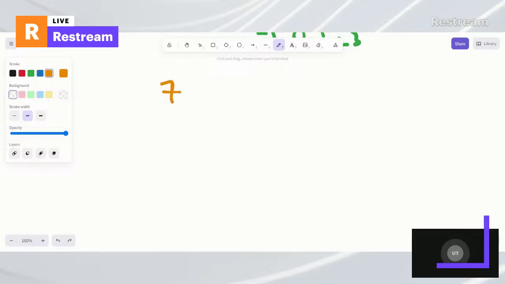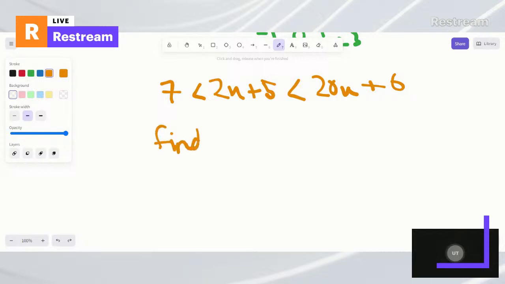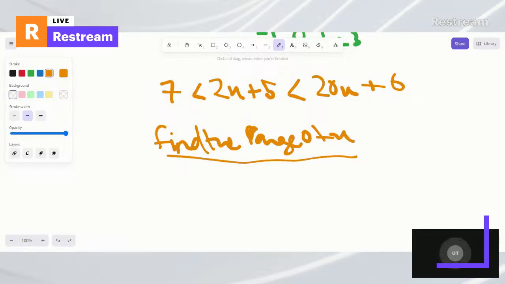Let's say I have been given -7 is less than or equal to 2x plus 5, which is less than 20x plus 6. In some cases they might ask you to find the range of x. So if I want to find the range of x, what do I do?